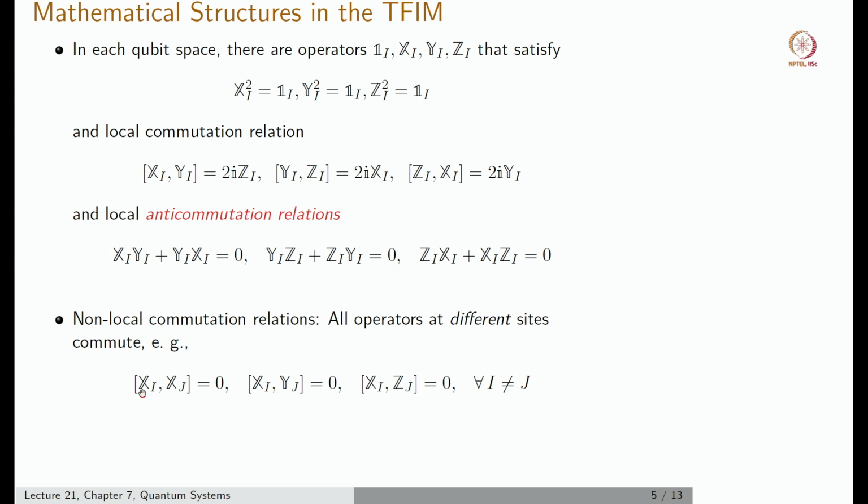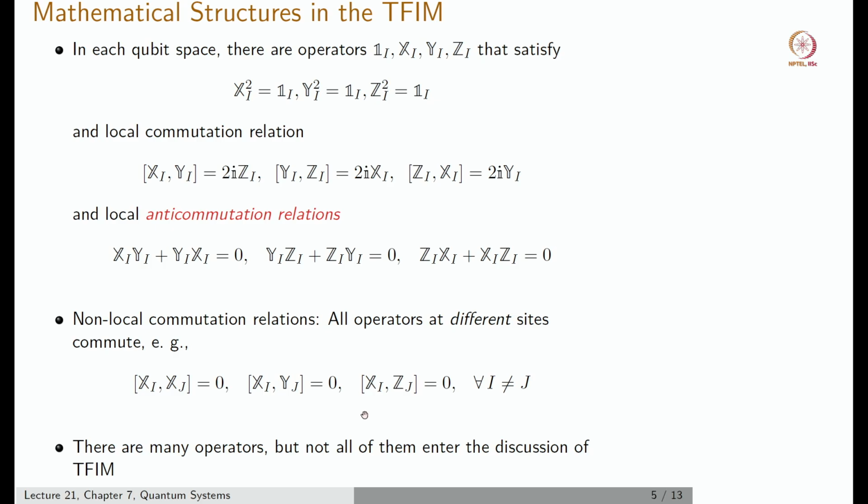What I mean is I have identity operator from each qubit which is not i. When I reach the qubit i I pick the x operator associated with the qubit, and then it's all identity operators of all the other qubits. That's what I mean by this xi operator. So these are truly the operators which act on the full Hilbert space of the system. So they commute if the sites are not the same. This is the main point.